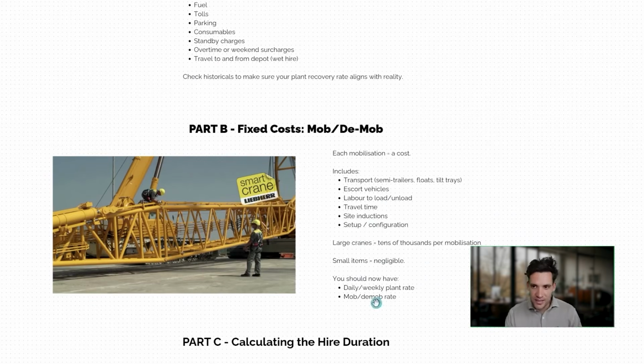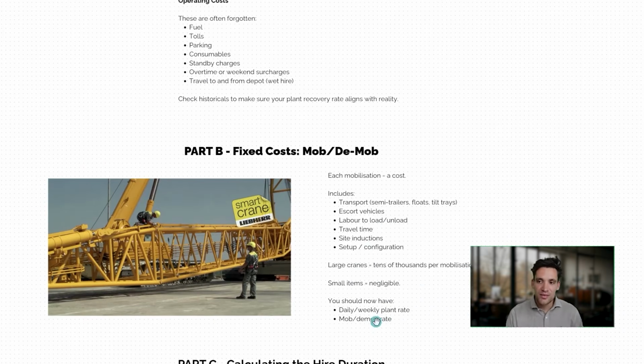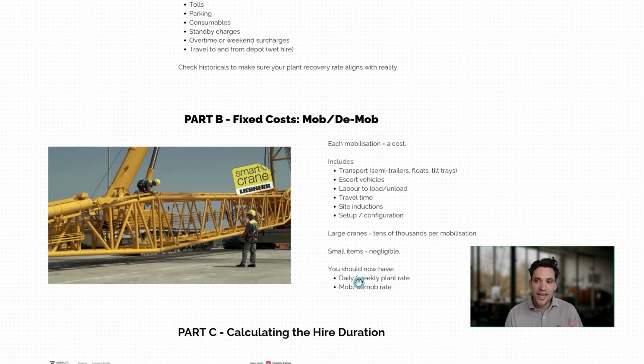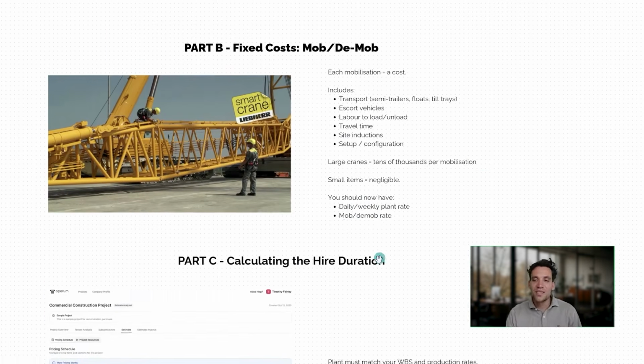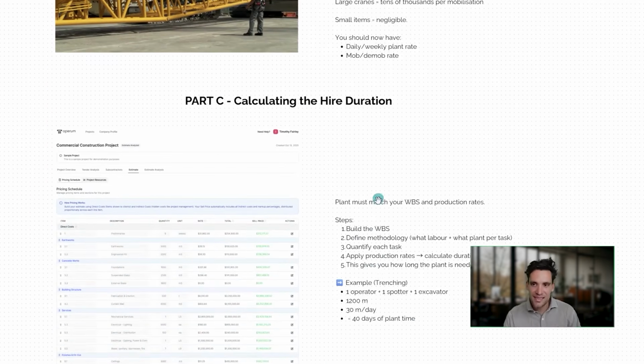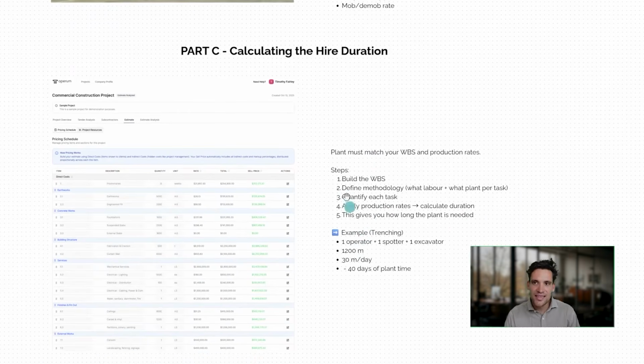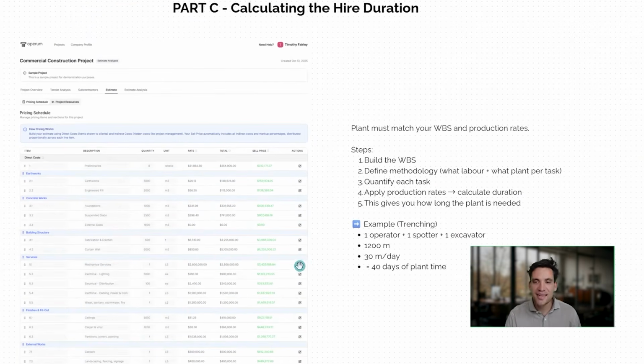Once we have considered all these costs, we're going to have both our day or weekly plant rate and our mob and demob rate, which leads us into the next step, which is calculating the hire duration. The first part of this is exactly the same as any labor cost estimate, where we would follow the same approach, and you would almost always do it in parallel with labor because, until they have autonomous cars, if there is plant we're using, there's going to be some sort of operator.